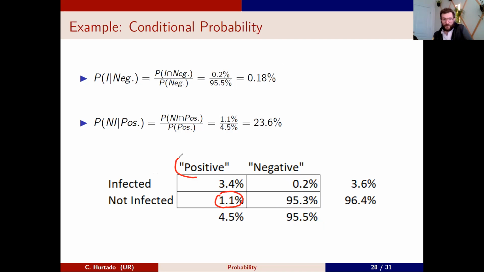And the probability of positive is right here, 4.5%. So if I take that fraction, I get 23.6%. So this is telling me that conditional on getting a positive test, the chances of not being infected are certainly close to 23.6%.